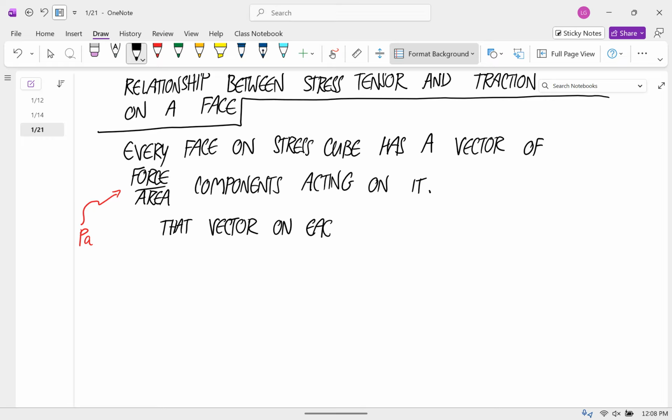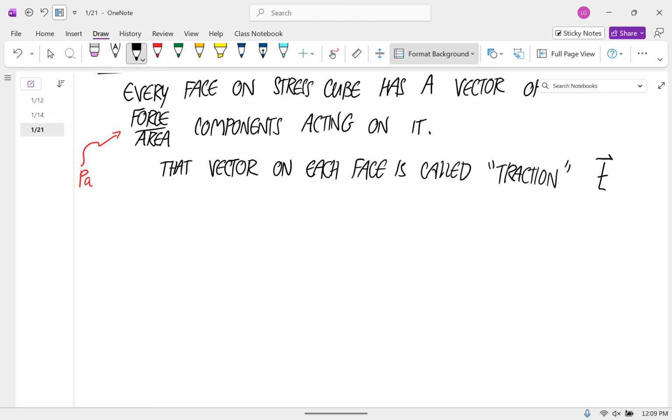On each face is called the traction, and we'll denote it with a lowercase t, and it's a vector. And each component of this vector has units of pascals, or units of pressure. And the relationship between the stress tensor and the traction on a face is this.